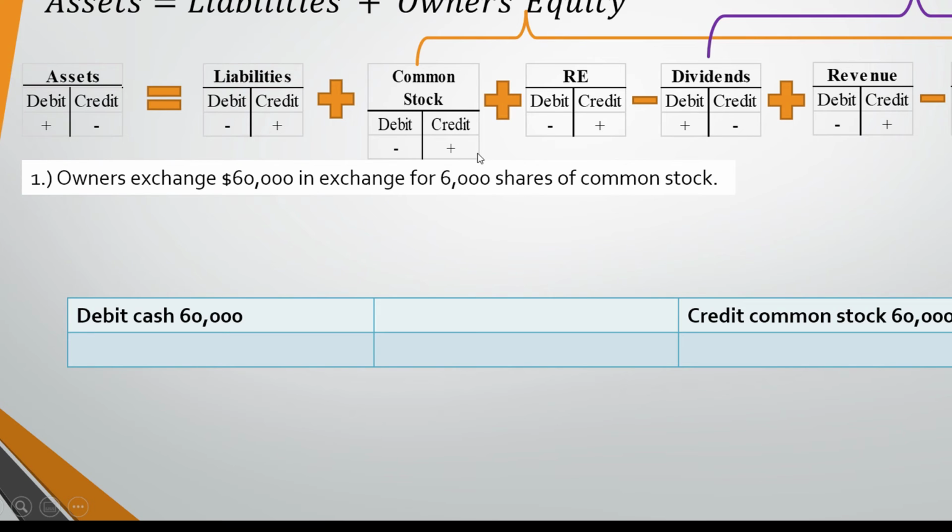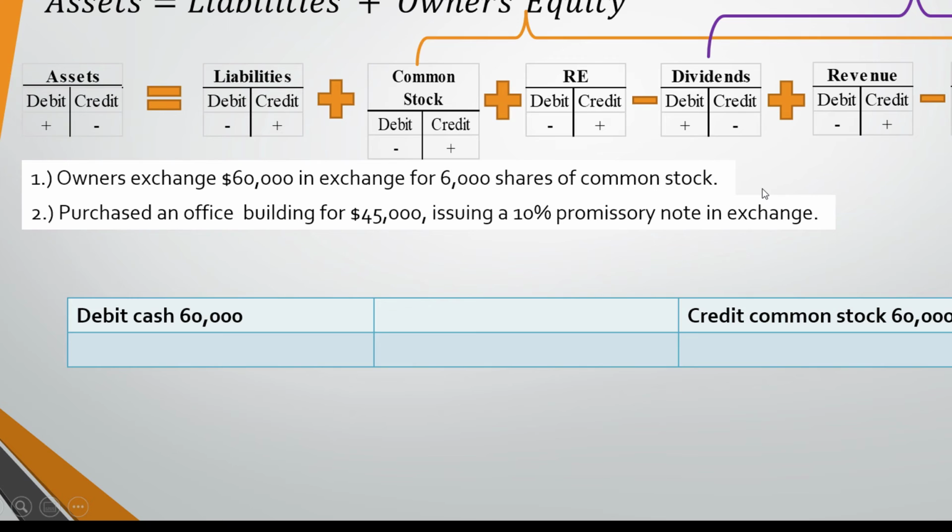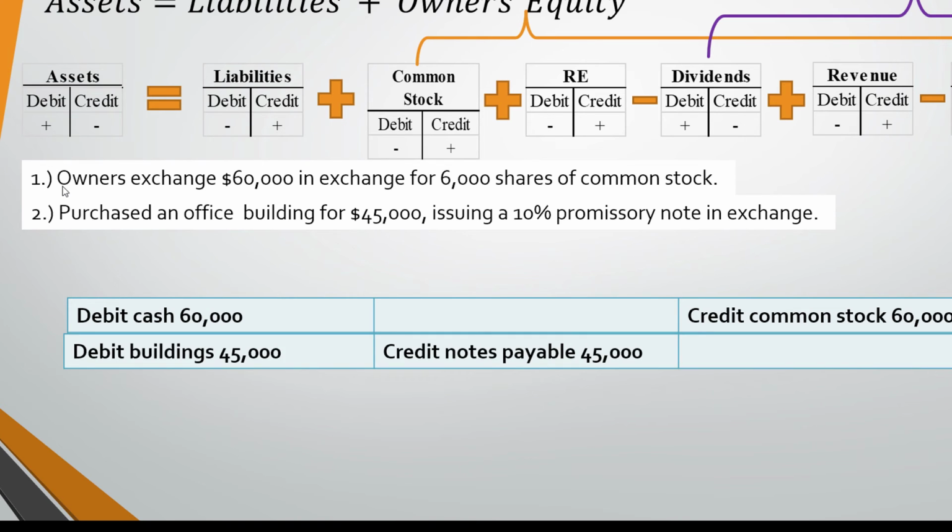I credit it to make it go up. Yep, they both go up, true. Number 2, buying that office building in exchange for a note. In other words, we'll pay for it later. Liabilities go up with a credit, and assets, in particular buildings, go up with a debit. So I debit buildings, credit notes payable.